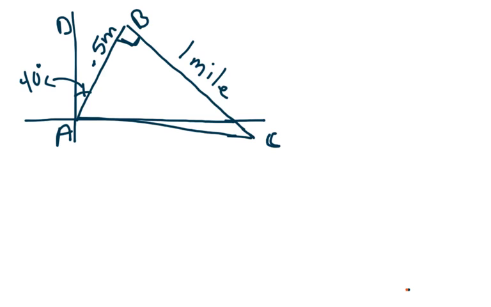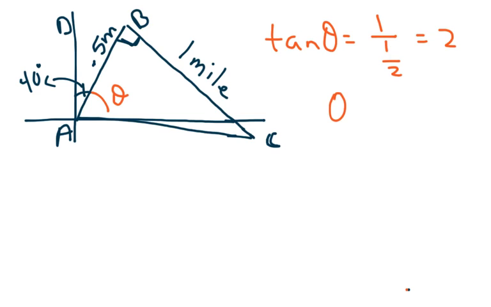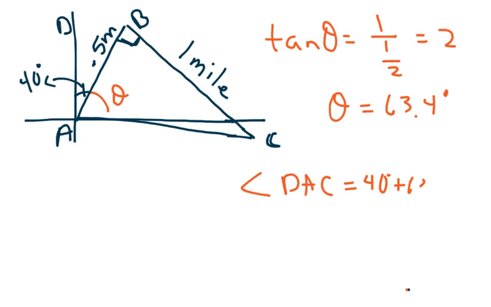So, first thing we're going to notice is this is our theta. So tan of theta equals 1 over 1/2, which equals 2. If you take the inverse, you get theta equals 63.4 degrees. Now they want the measure of A. Okay, so they want this, and the measure of A, or DAC, equals 40 degrees plus 63.4, which equals 103.4.